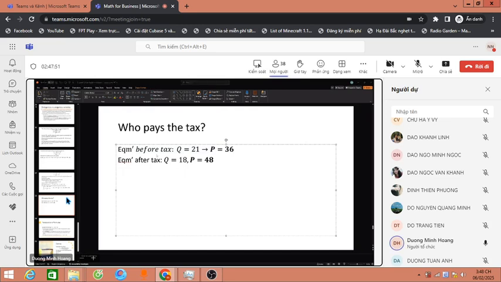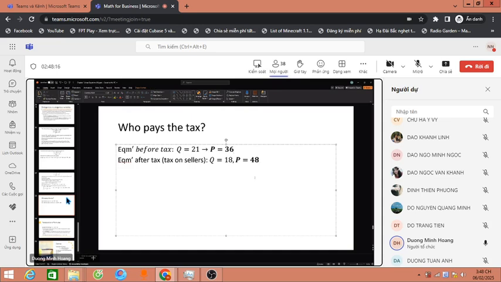So in this scenario, this is a tax on sales. Tax is placed on the sellers. However, look at the price. Before tax, consumers only have to pay $36 for that good.